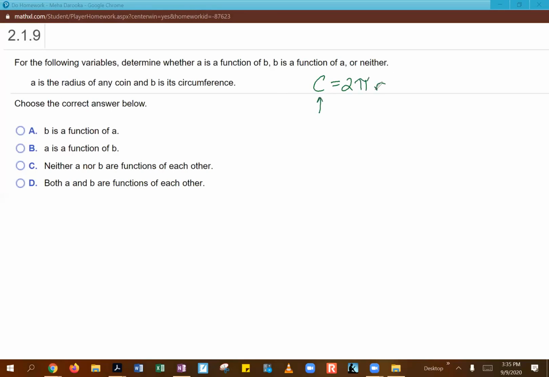You can see one of the variables is going to be the circumference, the other one is the radius. So if I know the radius, 2, of course, is a constant number. Pi, we know you can use an approximate value of 3.14 or just use the pi key on your calculator. So if you know r, you will be able to calculate C. If you know C, then to calculate the r, you just divide your circumference by 2 pi and you end up calculating your radius.